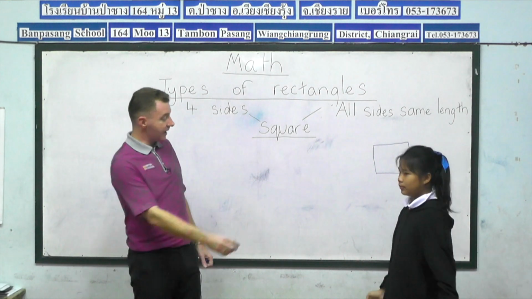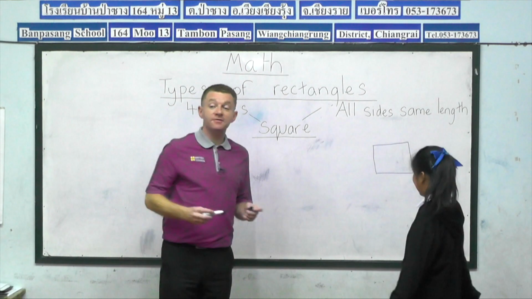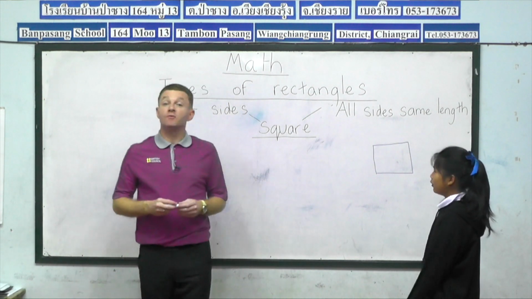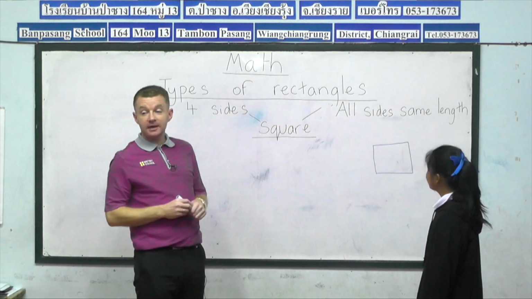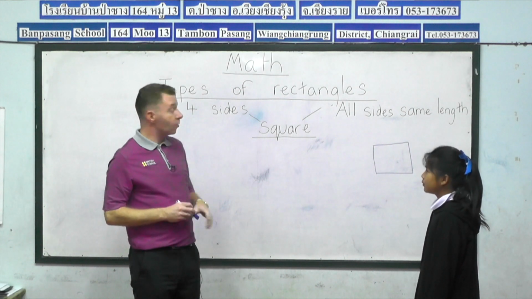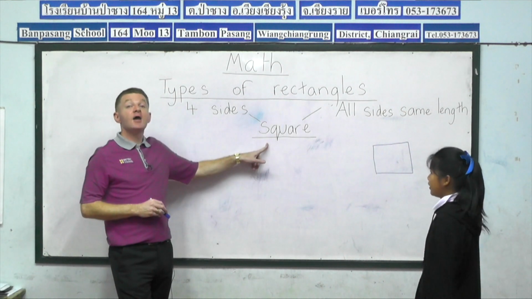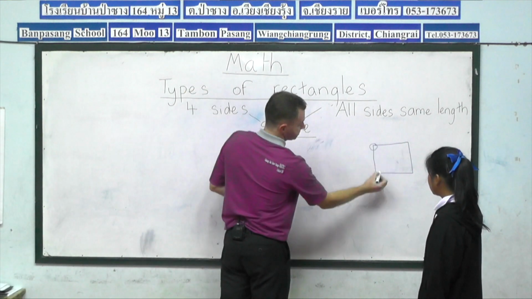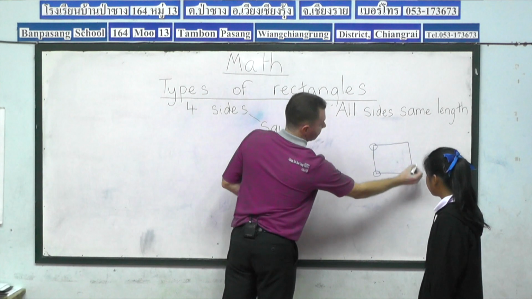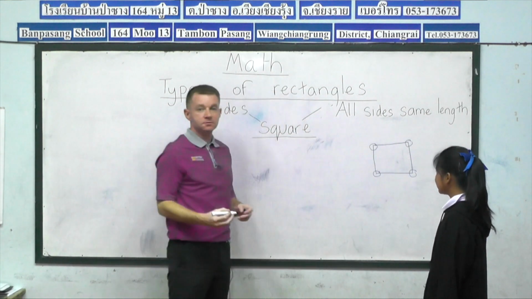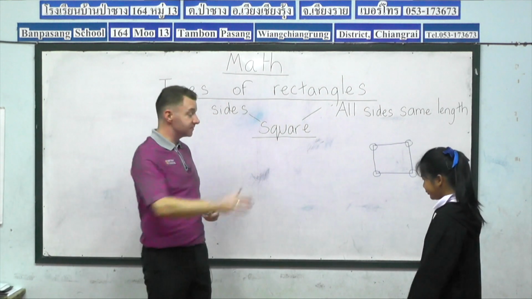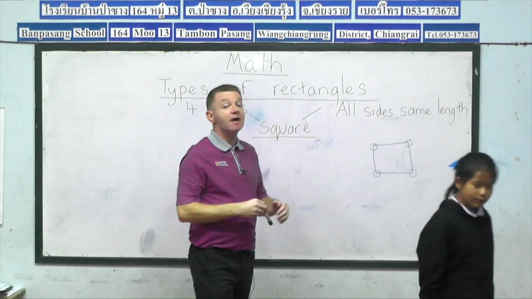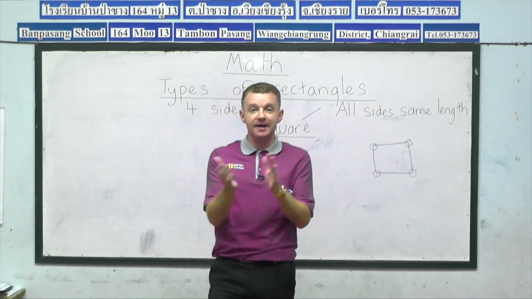Brilliant, Lakau. That's excellent. So how many sides can you see, guys? 4 sides. All sides of the same length? Therefore, what shape have we created? Square. And as we can see, same as a rectangle, a square still has 4 right angles. Lakau, that was brilliant. High five and a big round of applause for Lakau, please, guys.